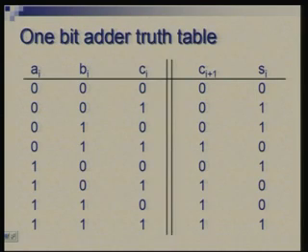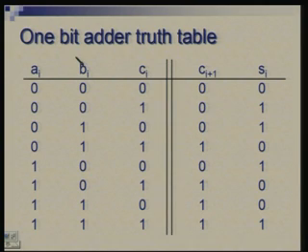Now, what is this 1 bit adder module? It can be designed by looking at the various possible inputs it has to cater for, which can be listed in the form of a truth table. This truth table defines row by row what happens for each combination of inputs.